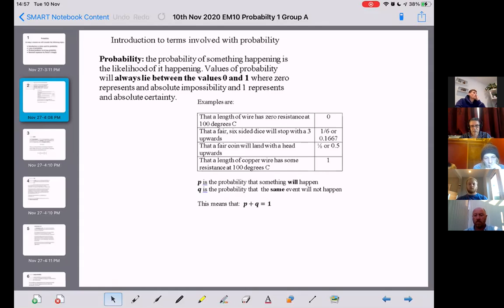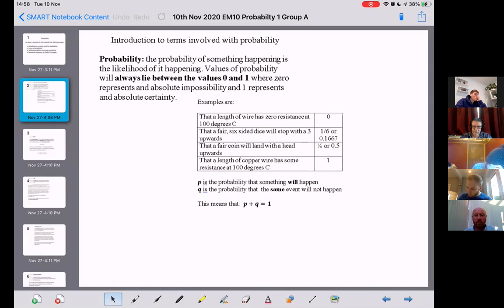Okay. Then they tend to use P as being the probability that something will happen, and Q is the probability that the same event will not happen. Those two probabilities, if there's only 2 choices, always add up to 1. So P plus Q is always 1.